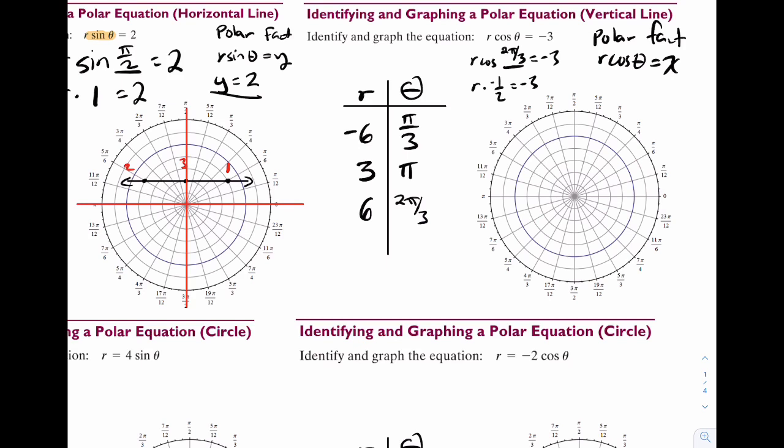So -6, pi over 3, that would be right here. 3, pi would be right here. And 6, 2 pi over 3, that's right there. Let's label those 1, 2, 3. So that would be right here, 1, 2, and 3. Let's put the line in.